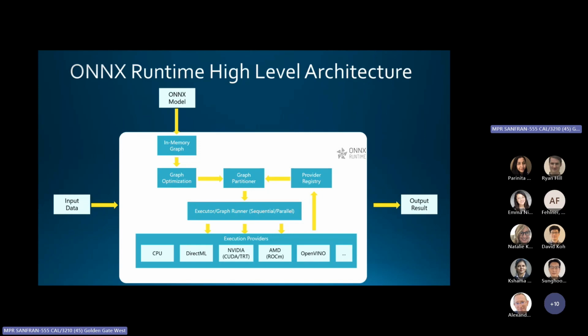So we start with the ONNX model, and once we load the model into memory, we do graph optimization, trying to simplify the graph, to do some constant folding, to do fusions, and then we have this graph partitioner. The graph partitioner will ask all the execution providers, query them on which part of the graph they can execute, can accelerate.